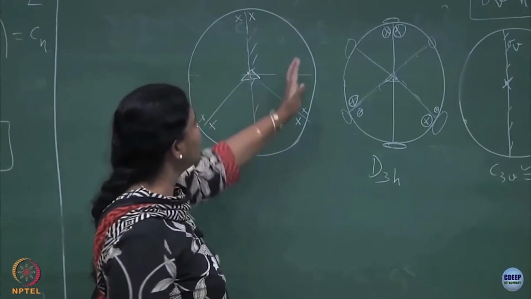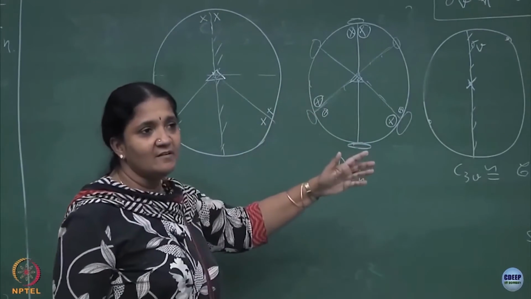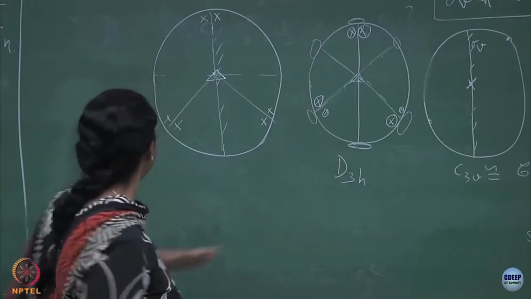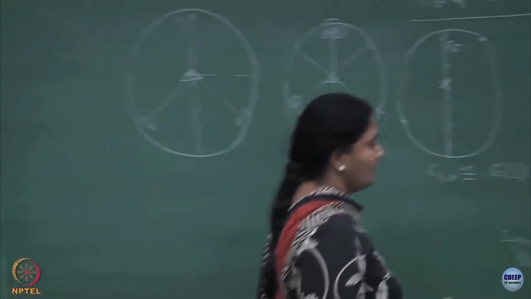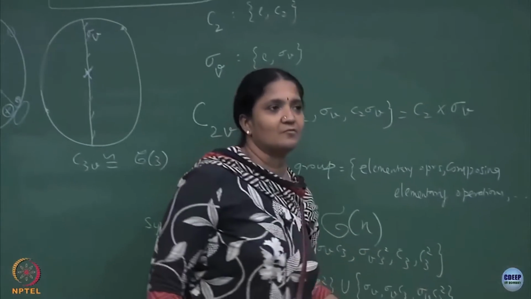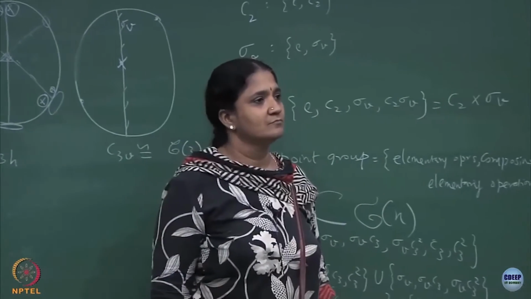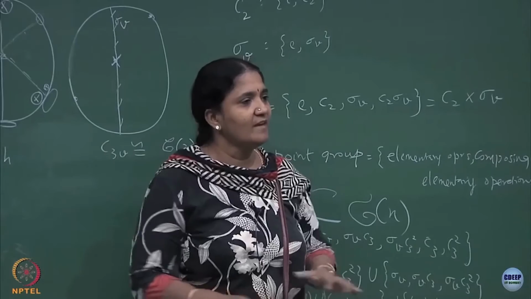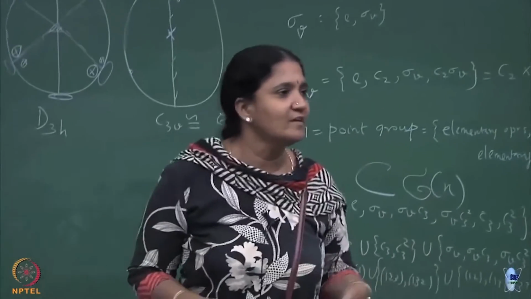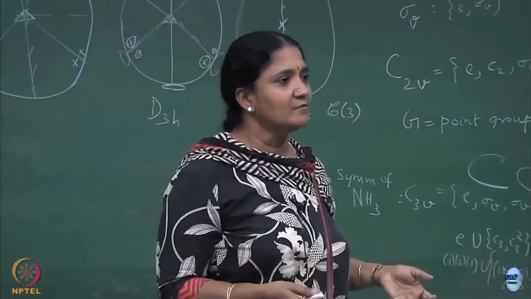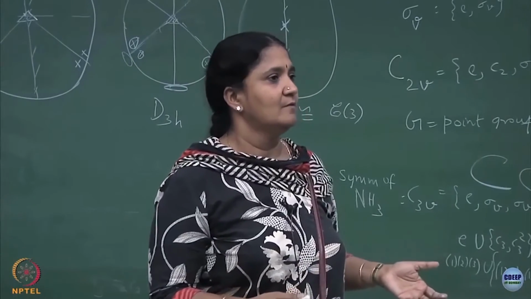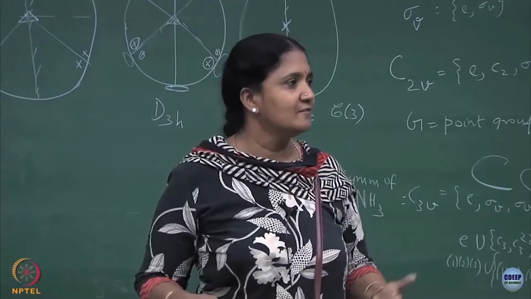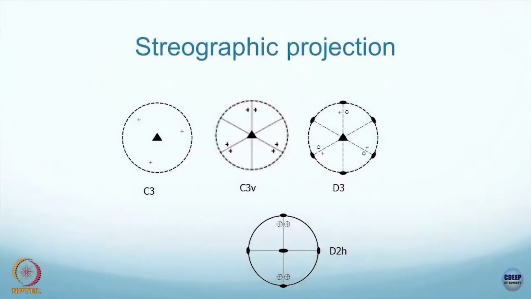And then the other elements all get generated, but they can also be viewed as compositions of sigma v times C3 and so on. Is that clear? These are various equivalent ways of interpreting the group elements of a finite group in the language of symmetry axes and symmetry planes of a molecule.